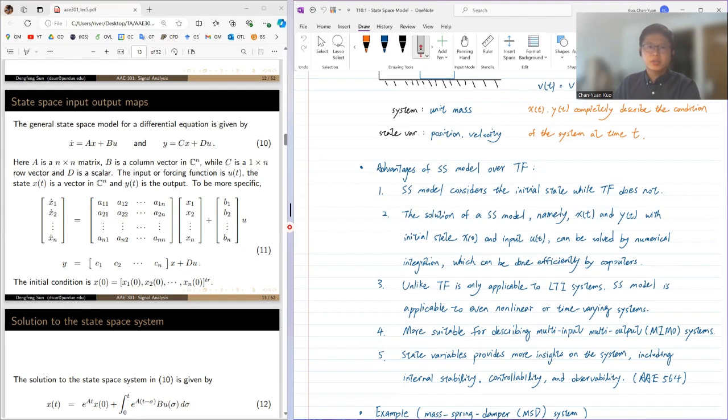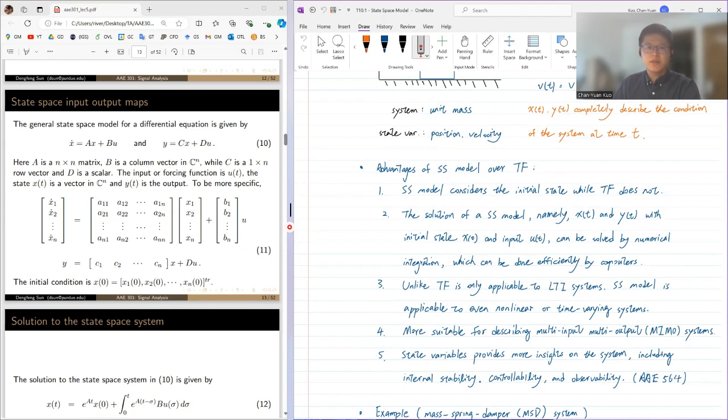Now, before I move on to the next example, I'd like to share some advantages of a state space model over a transfer function. First, the state space model takes the initial state or initial conditions of a system into account, while the transfer function does not.